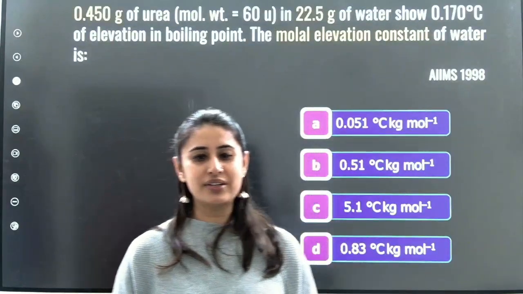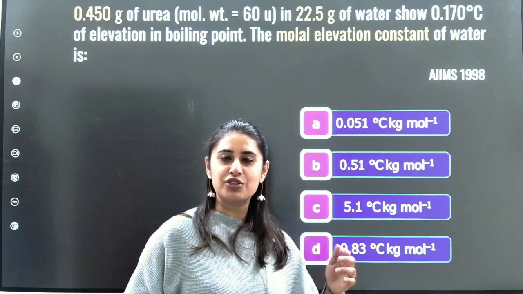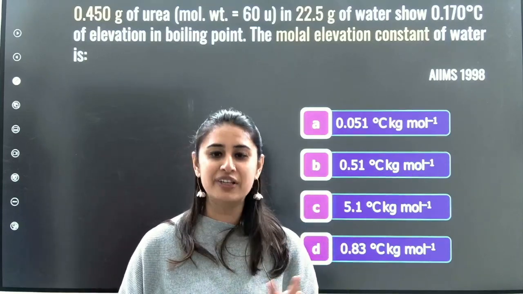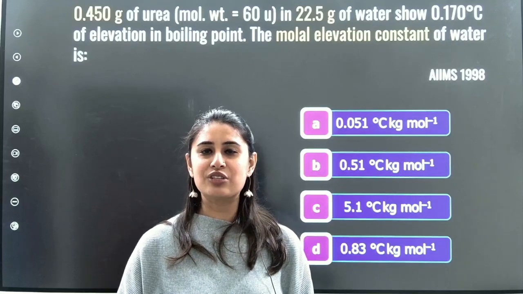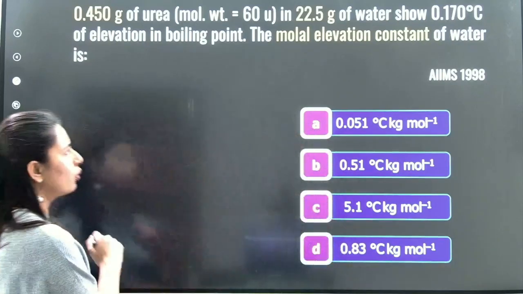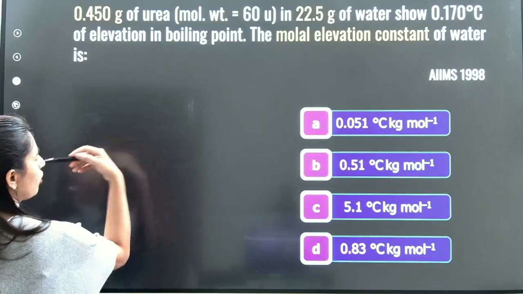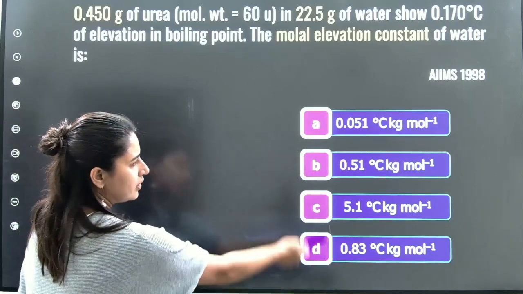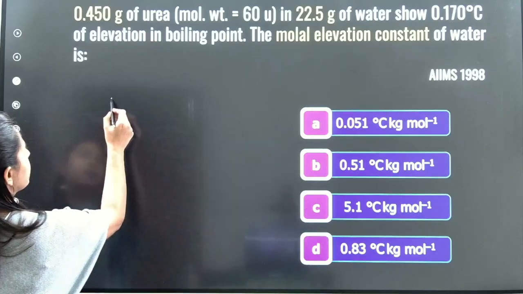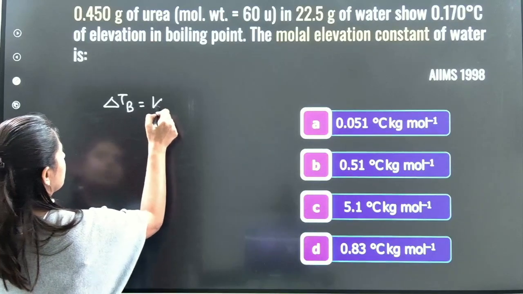So this question, if you remember the molar elevation constant, it is 0.51 degrees Celsius or Kelvin kg per mole. Nothing changes. So you should remember it, but you can find it out easily. So I'm not going to post a poll for you. You can do it properly also, but since the values are quite far from each other, or if you do not remember, you should solve it. Delta TB is equal to KBM.